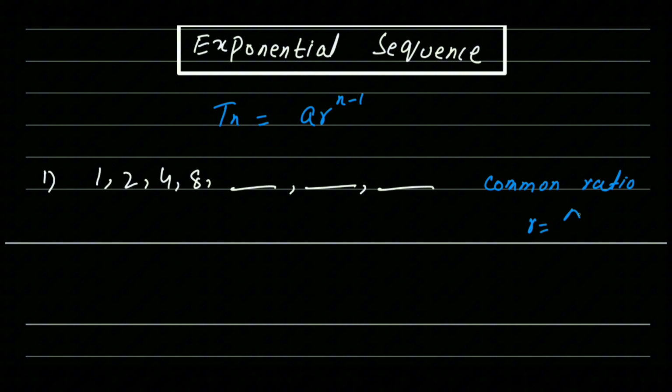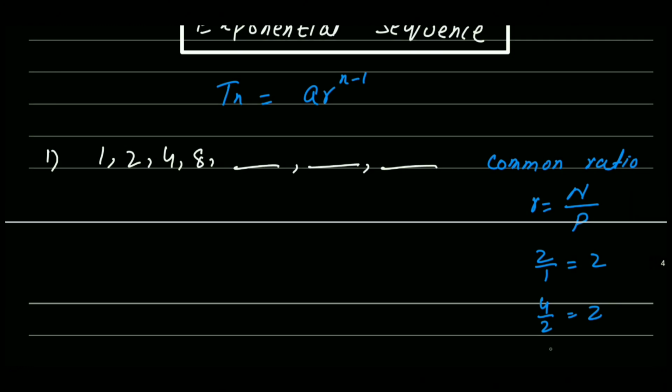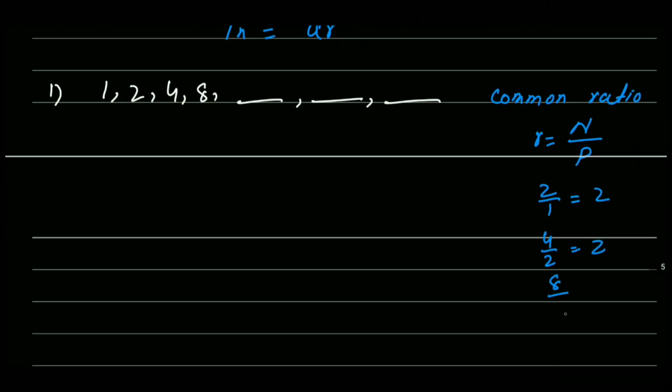Ratio is equal to next term divided by previous term. So if we divide 2 by 1, it is equal to 2, 4 by 2 is equal to 2, 8 by 4 is equal to 2. So you can see here they have a common ratio, that is 2.